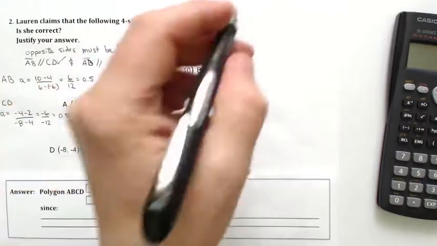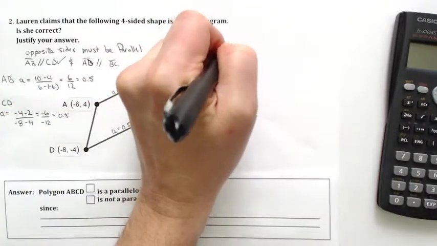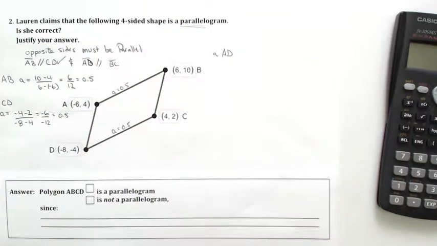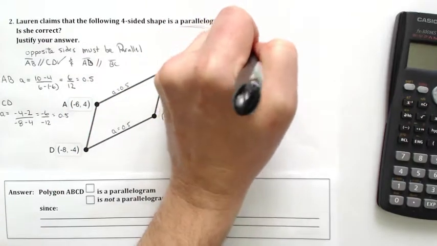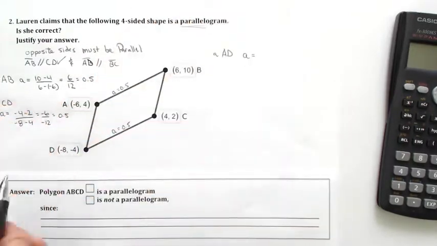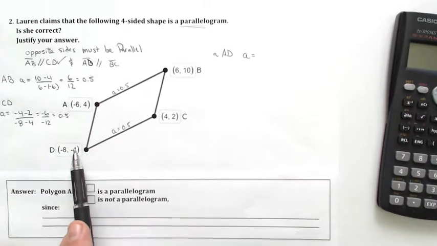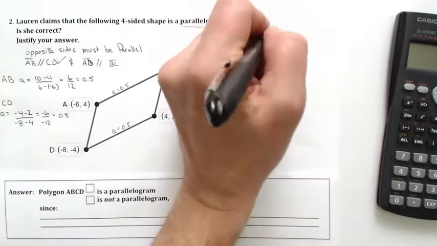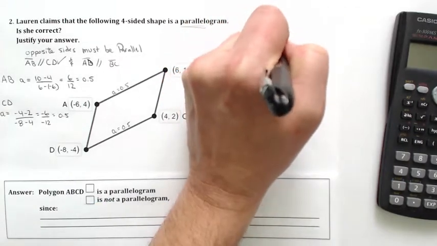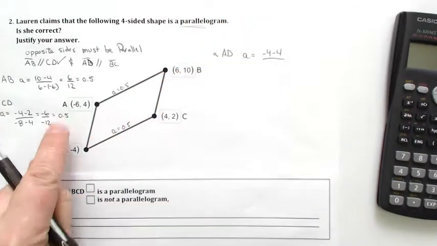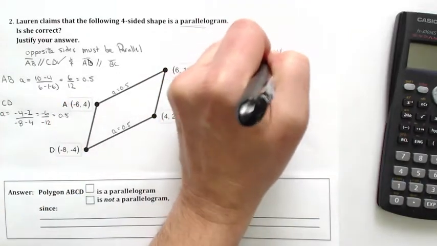And first I'll find AD. So the slope of AD, A is going to equal, I'll call this my P1 and I'll call this my P2. So negative 4 minus 4 over negative 8 minus negative 6.